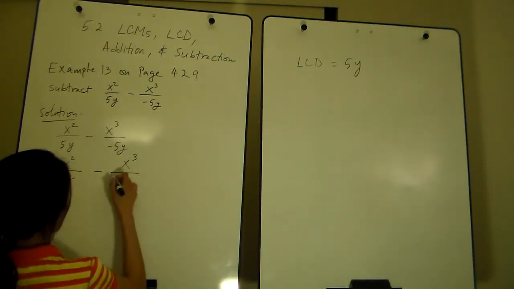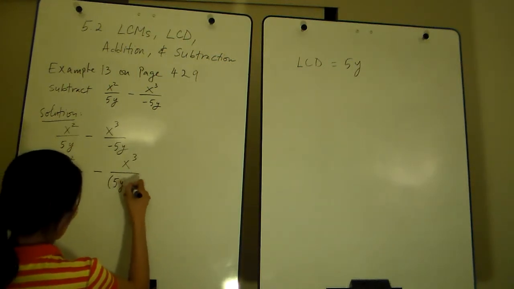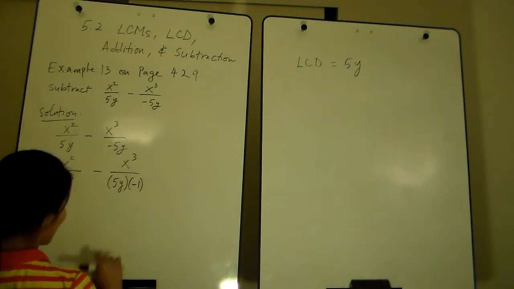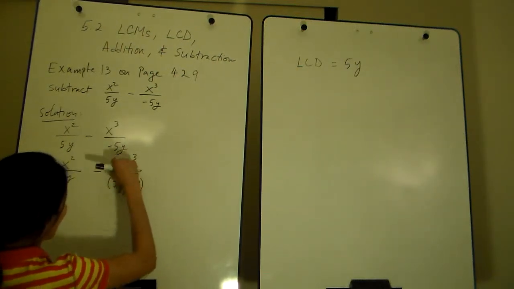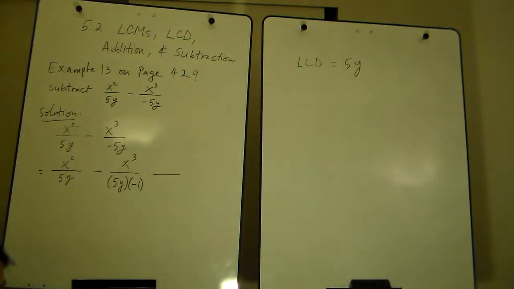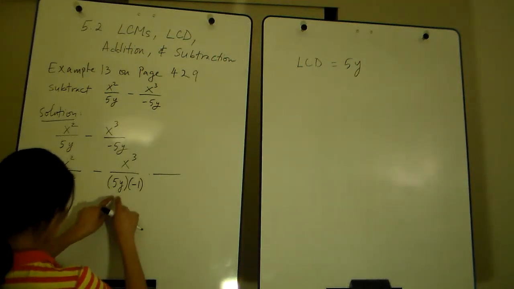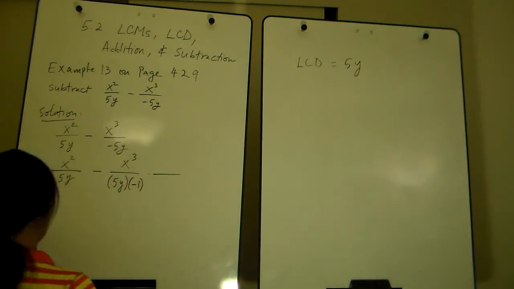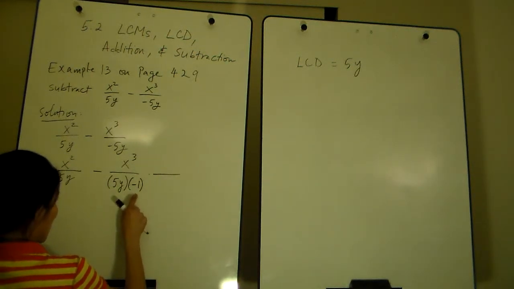So negative 5y can be written as 5y times negative 1. Right? 5y times negative 1 is negative 5y. So this denominator almost looks like the LCD. The only thing different is that it has negative 1 here.